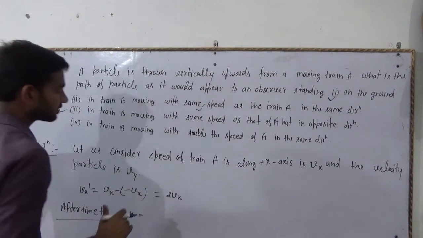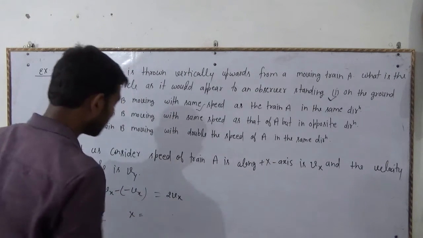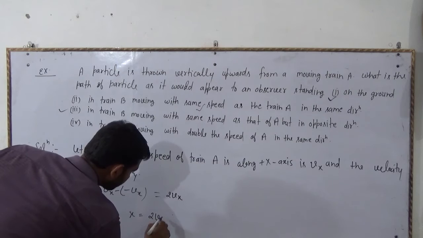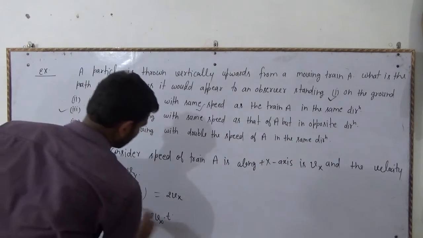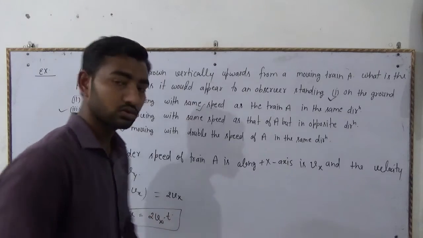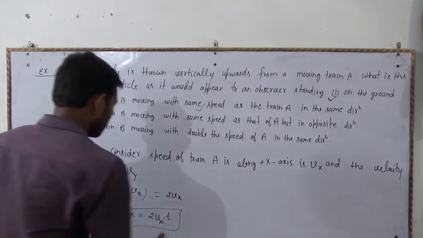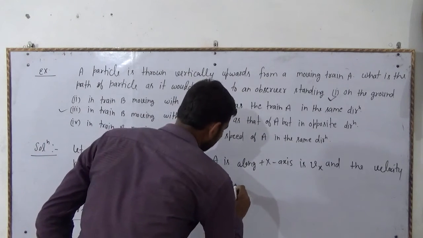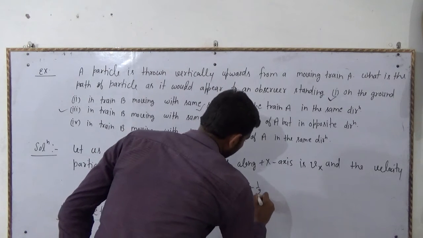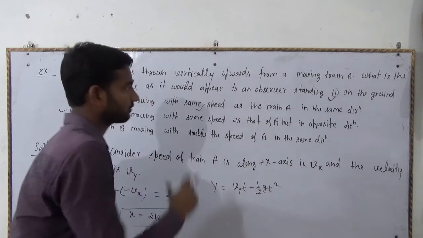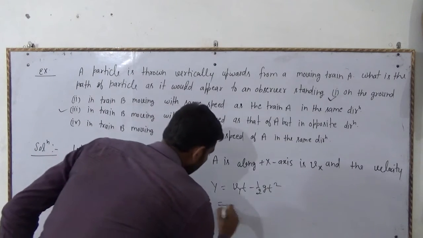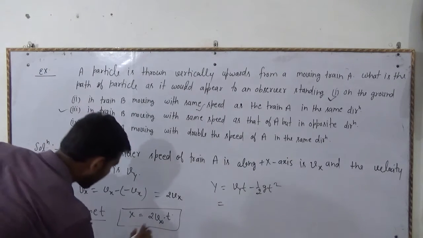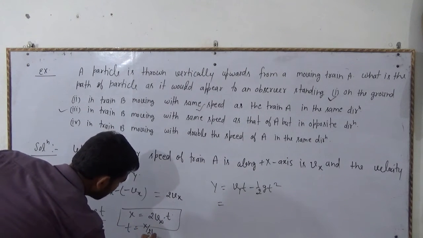After time t, if we consider that it travels a distance x, then the value of x will be, with this speed 2Vx, x equal to 2Vx into t. Friends, here again y is equal to Vy t minus half g t square for the particle. If we eliminate t with the help of this equation, we can write t equal to x by 2Vx.